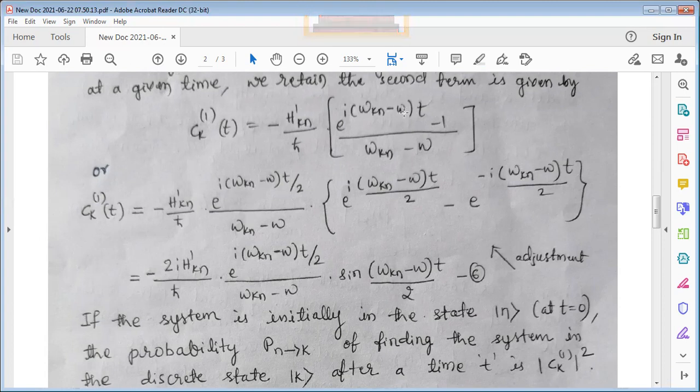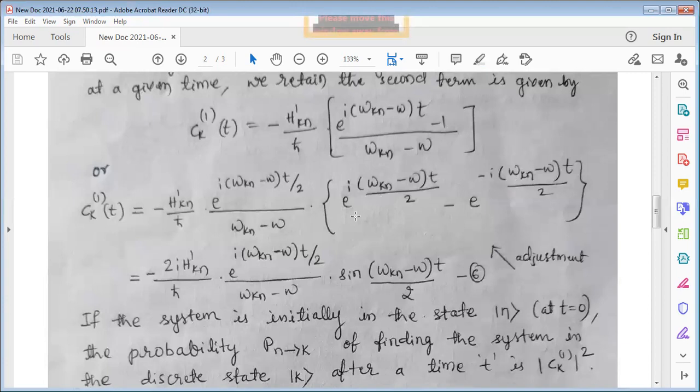That is possible when you divide by 2. That is why I made this adjustment. This 2 comes because I should get 1 here. When you multiply this term with this term, both terms cancel, it becomes e raised to 0, so here you get 1. And here also it is balanced.